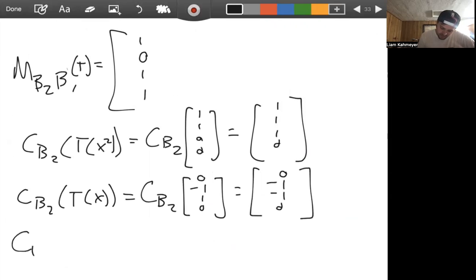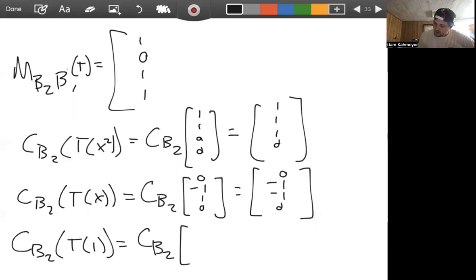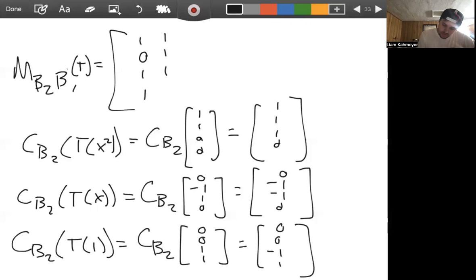And lastly, for C_B2 of T of 1, which we calculated to be C_B2 of (0, 0, 1, 1), I claim that what you get is (0, 0, -1, 1). Putting all of this together, (1, 1, 1, 0), and then (0, -1, -1, 0), and (0, 0, -1, 1).